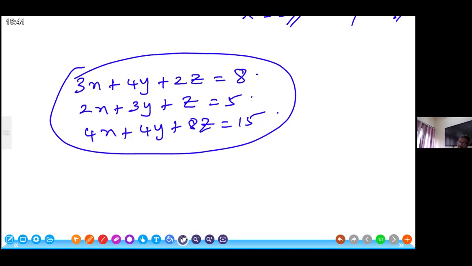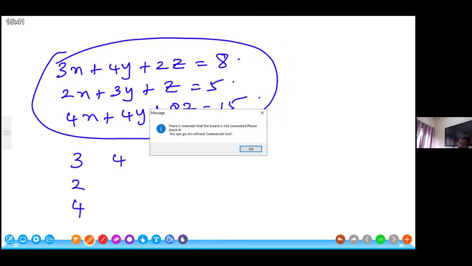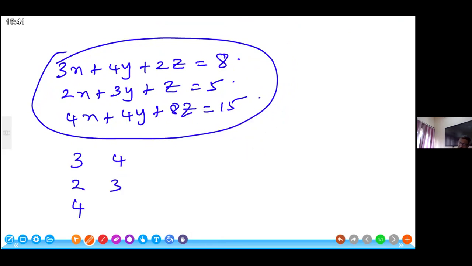So here, if you apply the Cramer's rule, my coefficient for x is 3, 2, 4. Coefficient for y is 4, 3, 4. Coefficient for z is 2, 1, 8. Then we have the constants 8, 5, and 15.